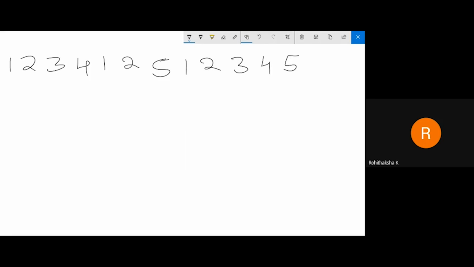So this is our reference string. How many references have we taken? 1, 2, 3, 4, 5, 6, 7, 8, 9, 10, 11, 12. Only 12 references.